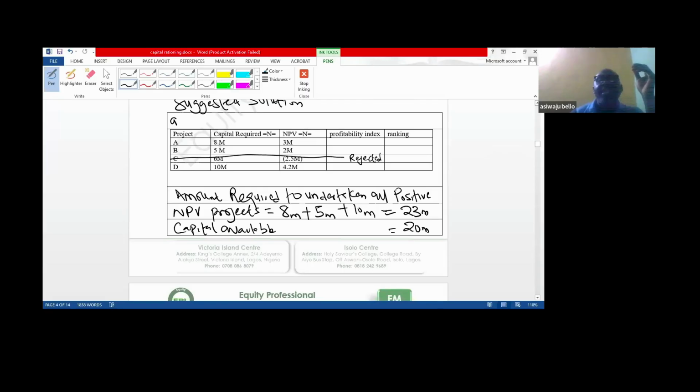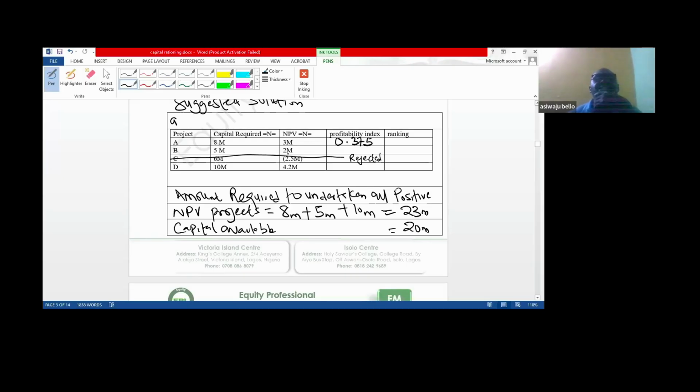For project A, 3 million divided by 8 million. Please work this out. 0.375.